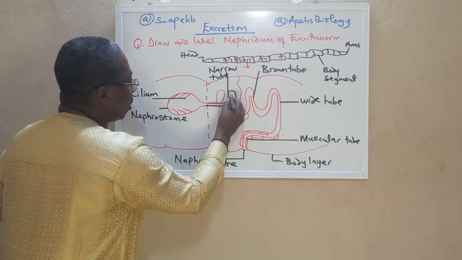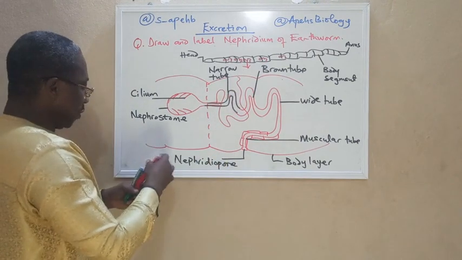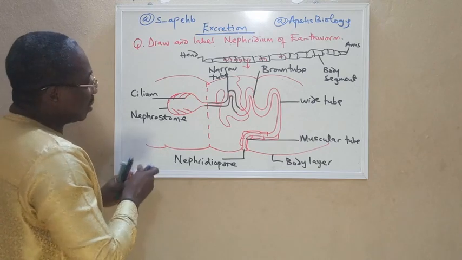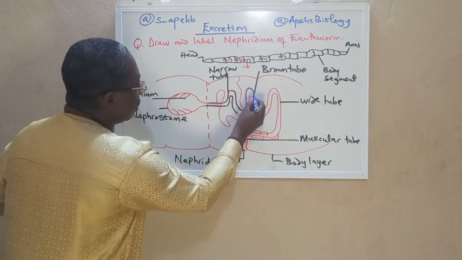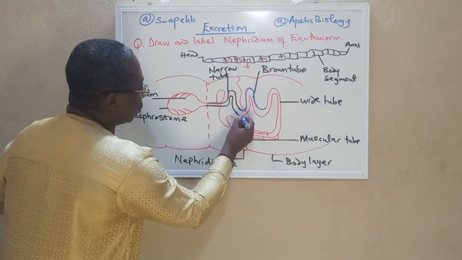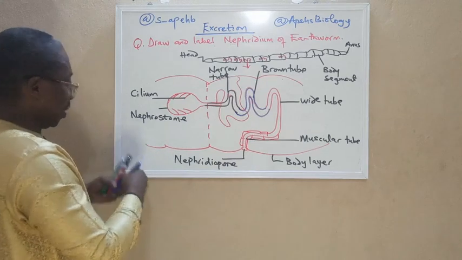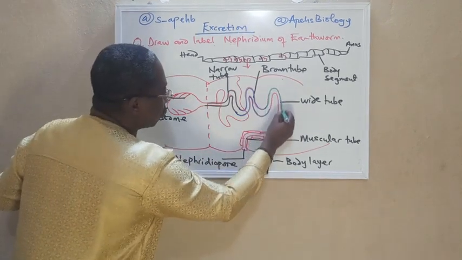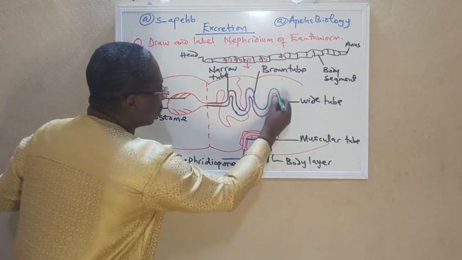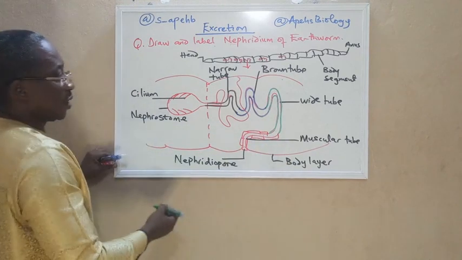Then from the continuation there, you can now take the blue marker, from here to all this space, continuation. That tube is now called the brown tube. Are you getting it? Then we now have from here, continuation of the tube down like this to this point, the wide tube. Then the remaining part is called the muscular tube.